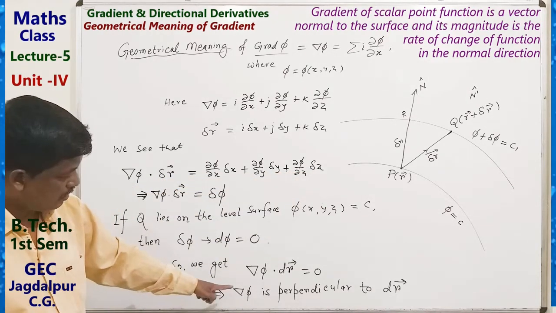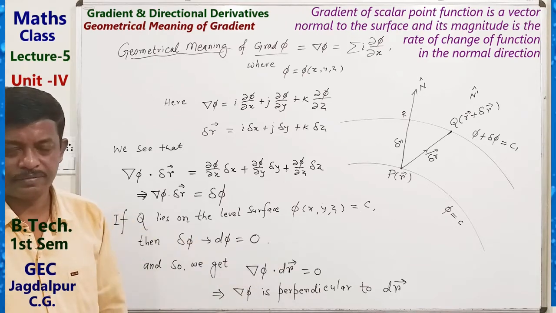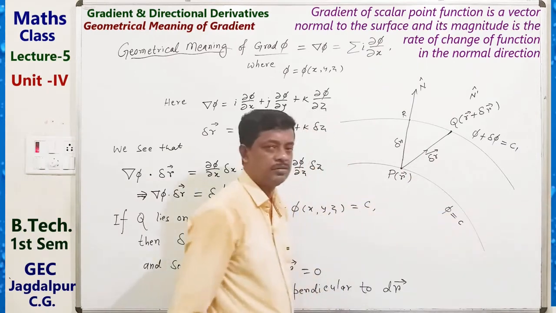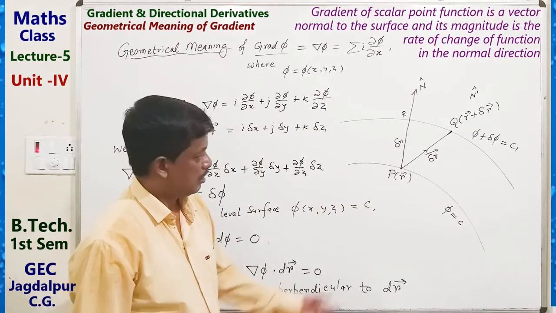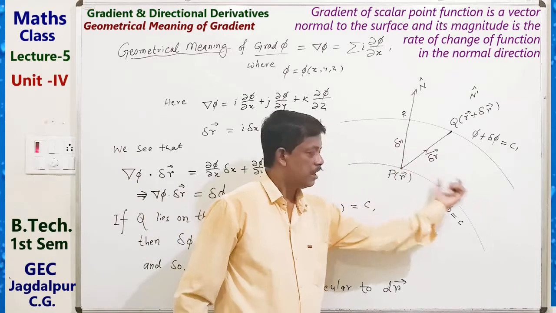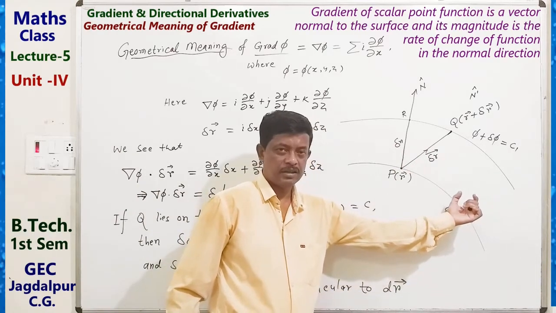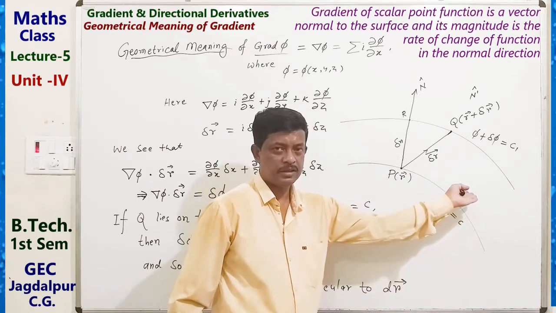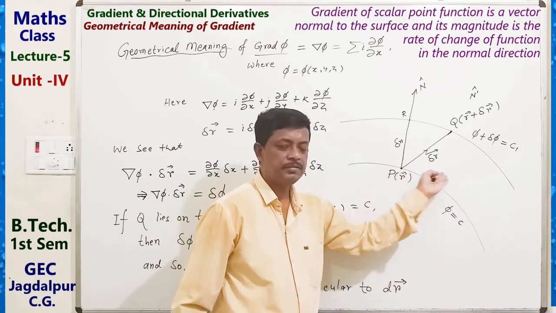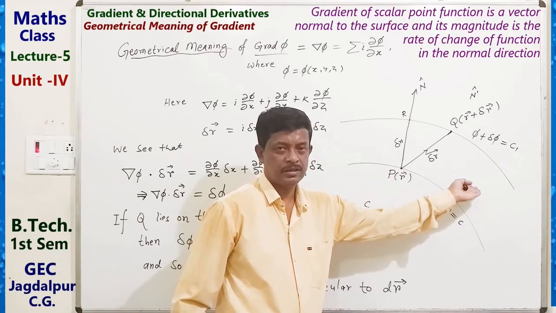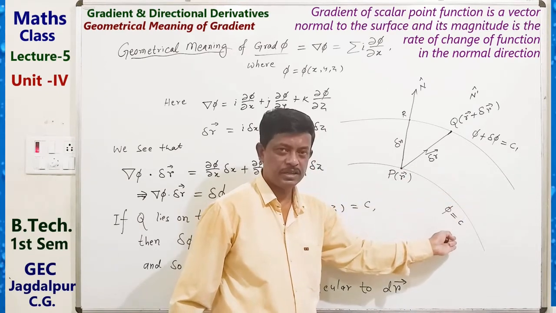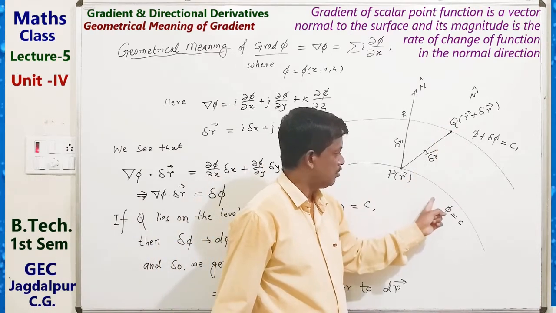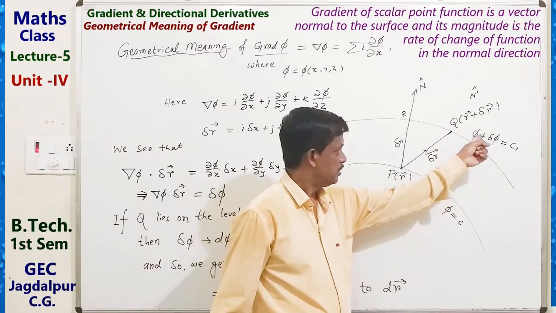So del phi is perpendicular to dr. Here dr means delta r tending to dr lies on the level surface phi equals c, and as q lies on this surface, delta phi equals 0.